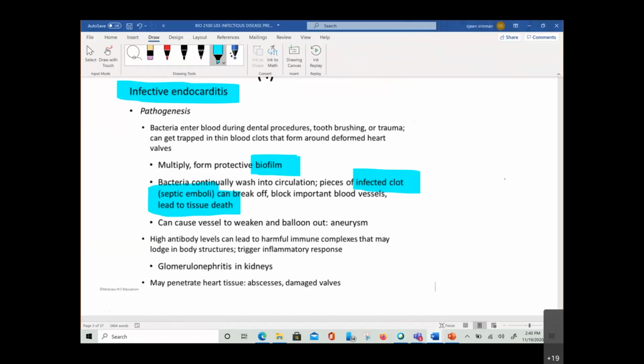Now, another thing that happens during infective endocarditis is that there is a heightened inflammatory or immune response as a result of the infective endocarditis. Okay.